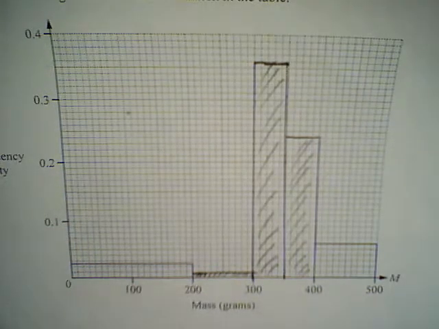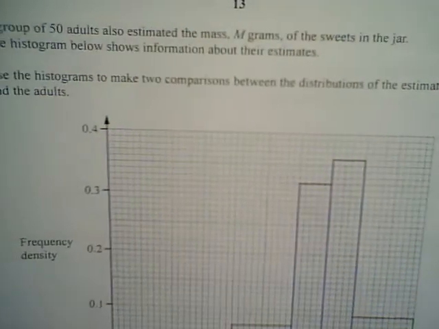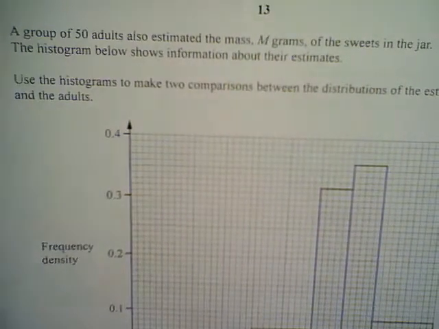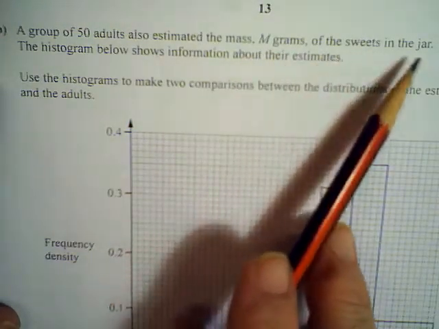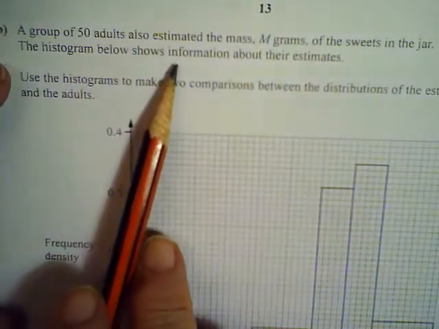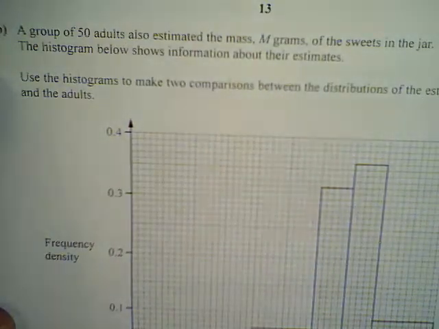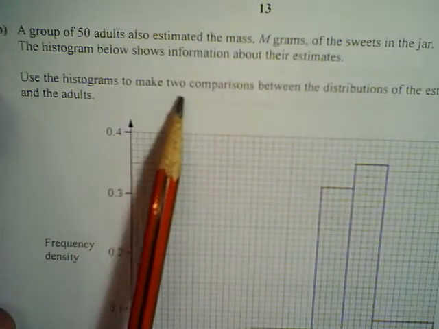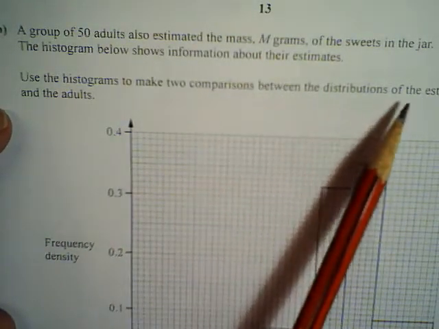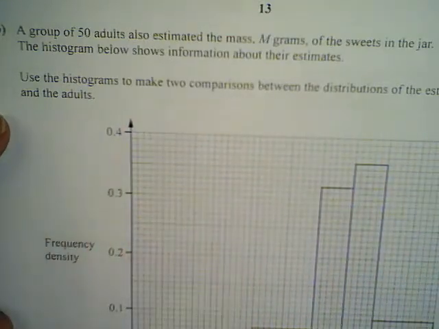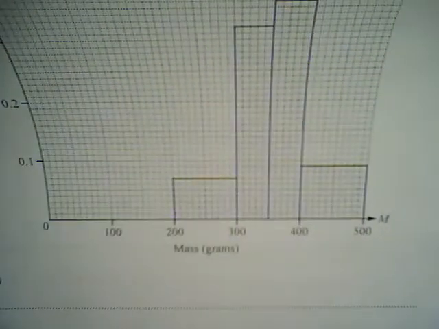Okay, good. Now let's have a look at the next one. A group of 50 adults also estimated the mass M of the sweets in the jar. The histogram below shows their information with their estimates. Use the histogram to make two comparisons between the distribution of the estimates of the students and the adults. So let's have a look at the adults.